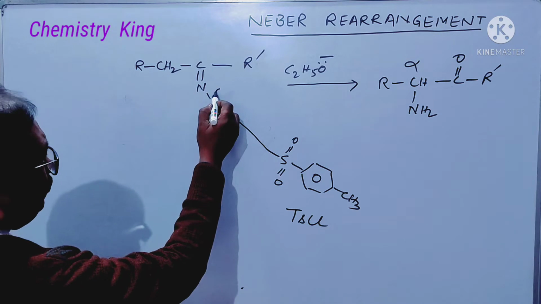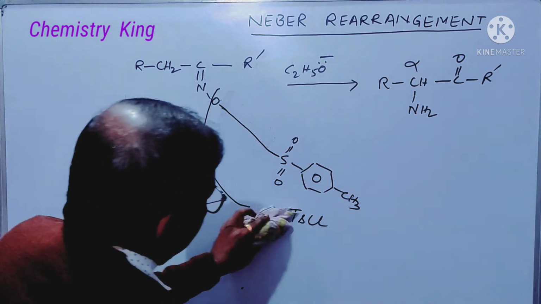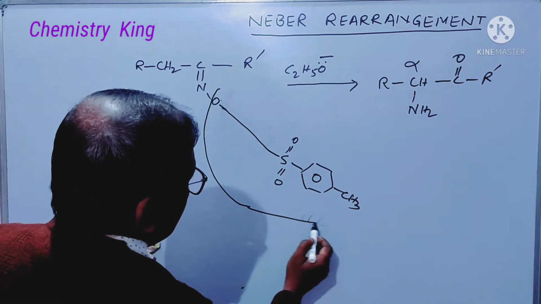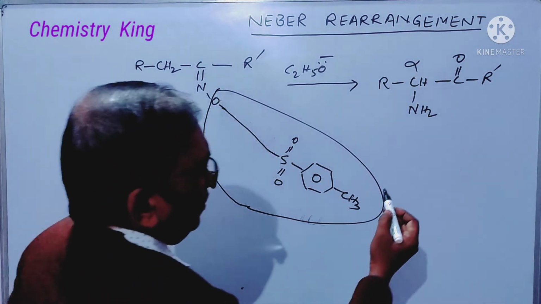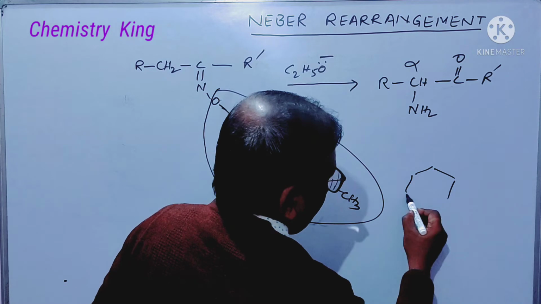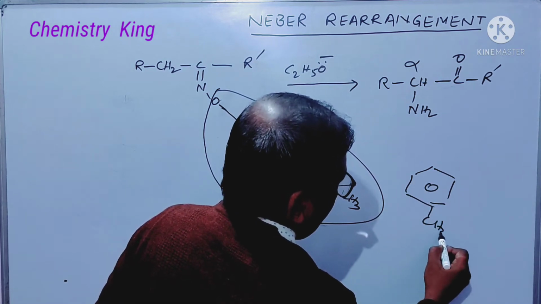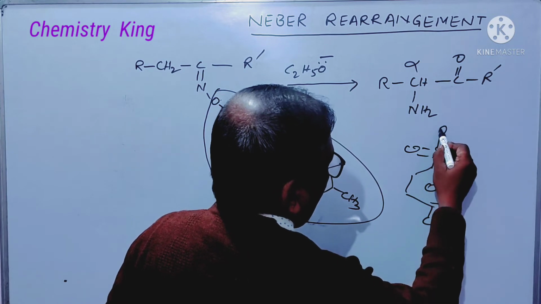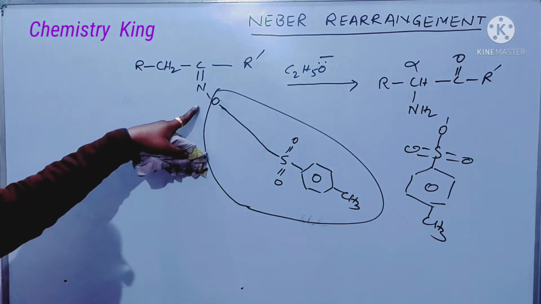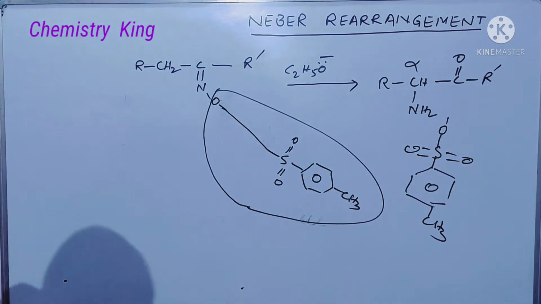It is called the tosylate unit, CH3 aryl S double bond O, O bond.